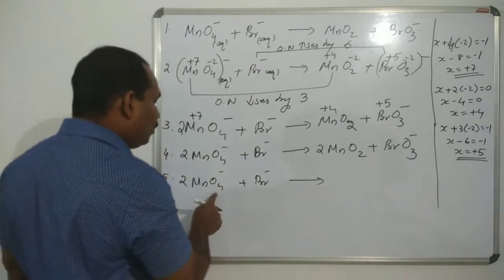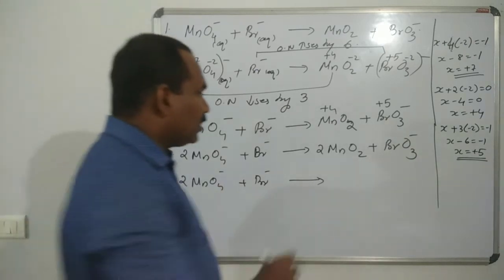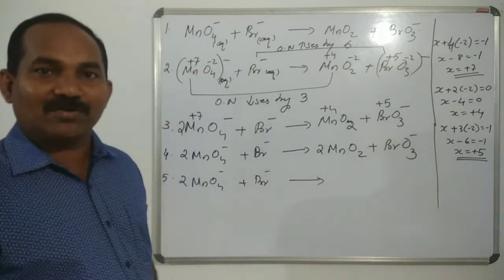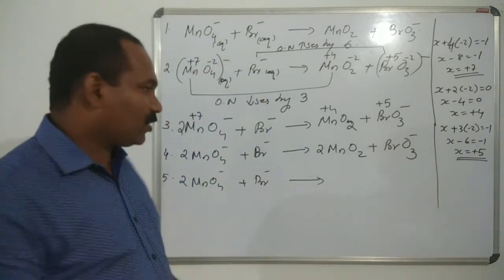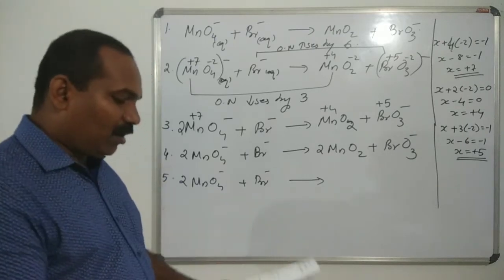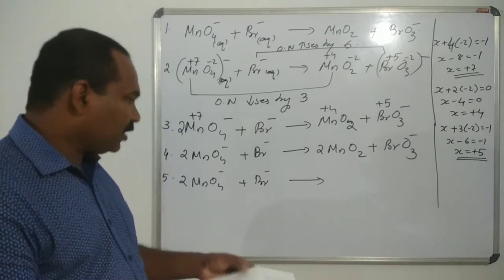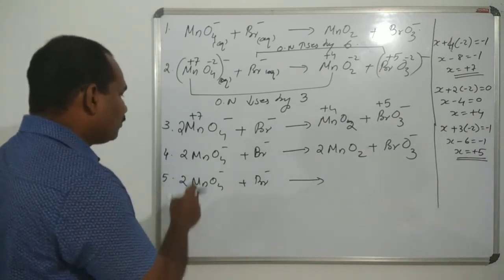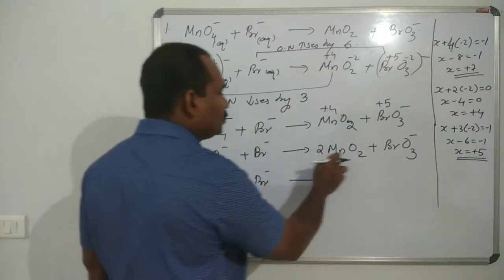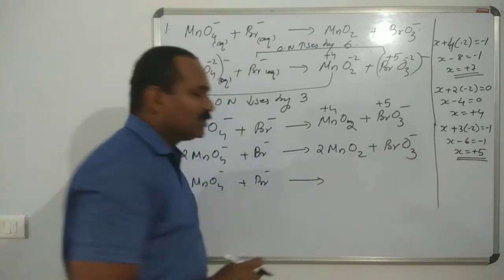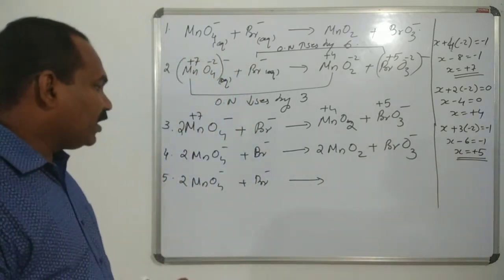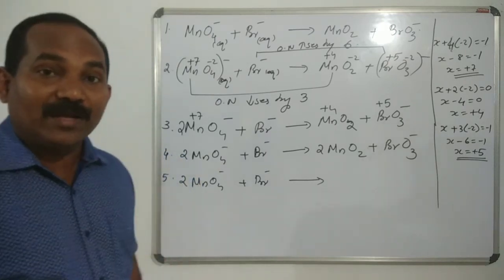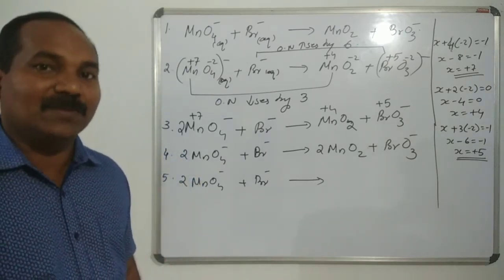So here 4 oxygen, here 2 into 2, 4 plus 3, 7 oxygen. Okay, 7 oxygen molecule in the reaction. MnO4 minus, so here 2 into 2, 4 plus 3, 7 oxygen. How many difference in the oxygen? It is 3.